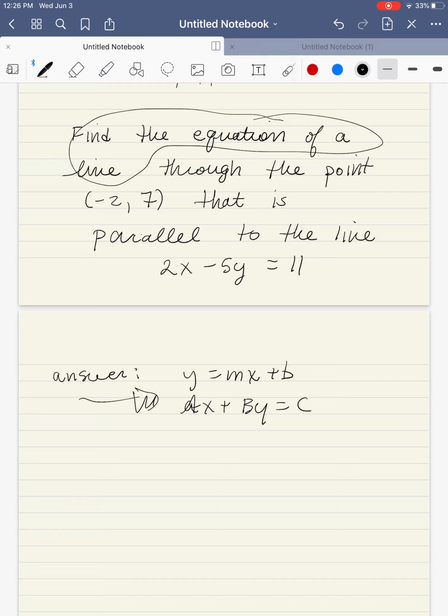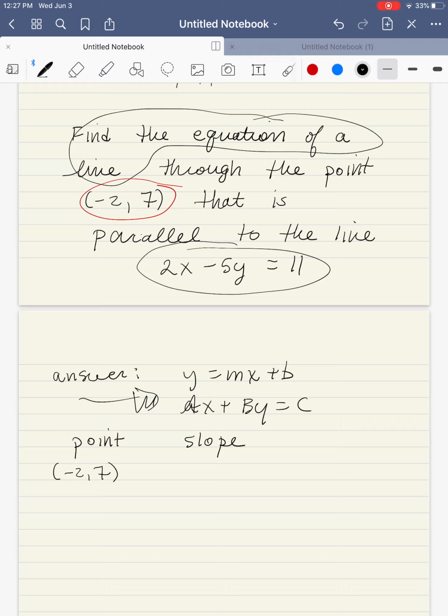So this is where I'm headed. To write an equation in either form, I need 2 pieces of information. I need a point, and I need a slope. Well, notice that I've been given a point here, -2, 7. So I have that. So I need to find a slope.